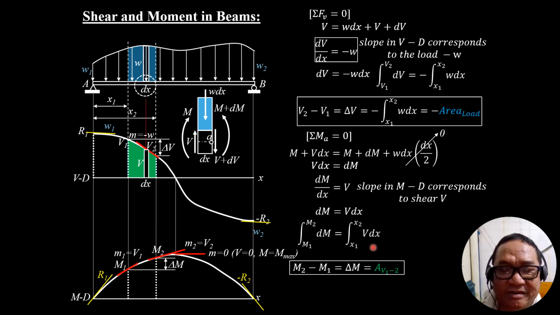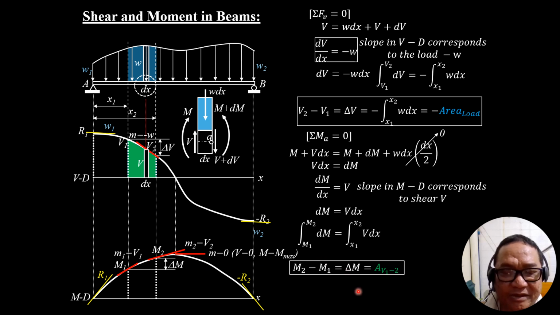I just continue. So the right side again is interpreted as the area. That's the sum of the areas. Shear dx, that's the area of this strip here. So therefore, the integral from x1 to x2 is interpreted as the area of the shear diagram between x1 and x2. So it is this area here, and that is equal to the change in moment, m2 minus m1, this delta m here.